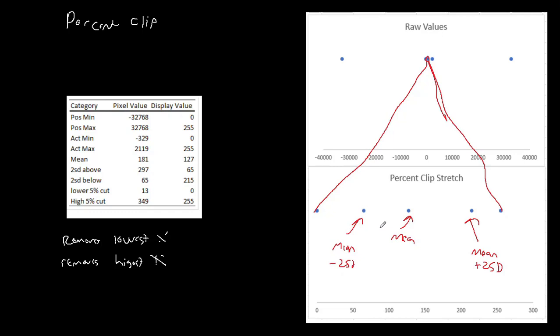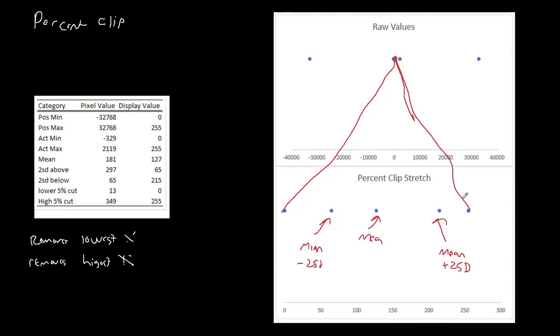We're just kind of spreading those pixel values out across more digital values, display values, by choosing smaller and smaller ranges of pixel values to include. We're bringing the lowest pixel value and the highest pixel value closer and closer together.